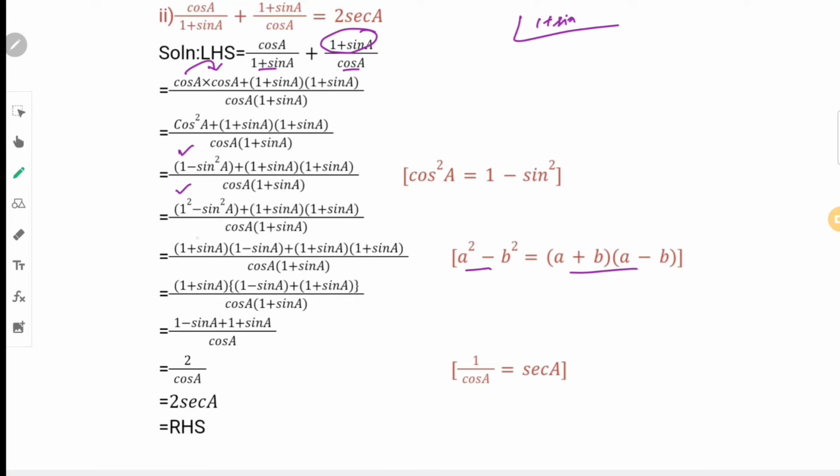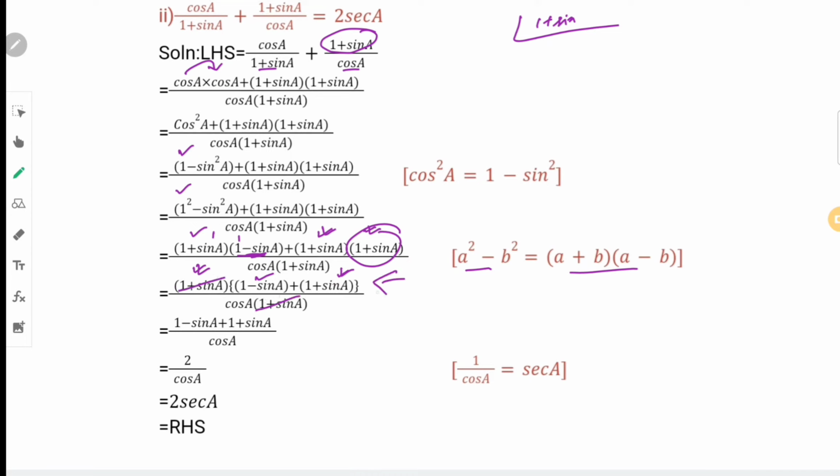Next step we're going to do is take the common. You can already see 1 plus sine a, 1 plus sine a, they are common, right? So I'm going to take it common here. If I've taken out this 1 plus sine a between these two, I'll be left with 1 minus sine a. So I've written here, and then here there are two, right? 1 plus sine a, 1 plus sine a. But I've taken out 1 common, so what is left again? 1 plus sine a. All right, so I'm taking that out. Once we're done with that, you can see we can divide this 1 plus sine a and this 1 plus sine a.